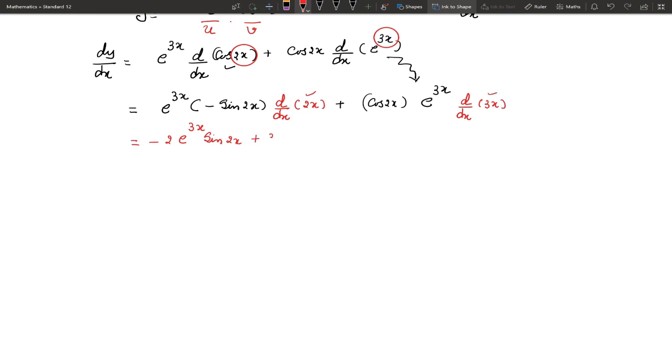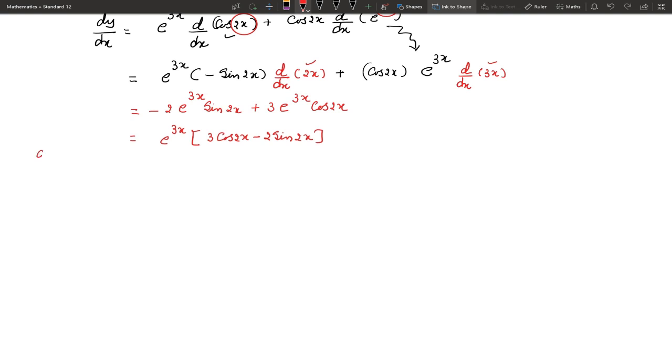So plus 3 e raised to 3x cos 2x. And you can simplify this as e raised to 3x into bracket 3 cos 2x minus 2 sine 2x.